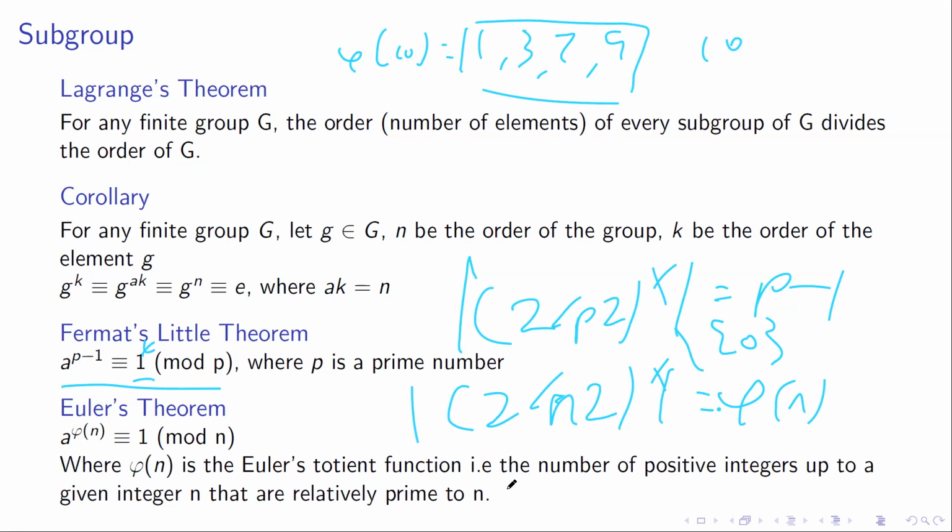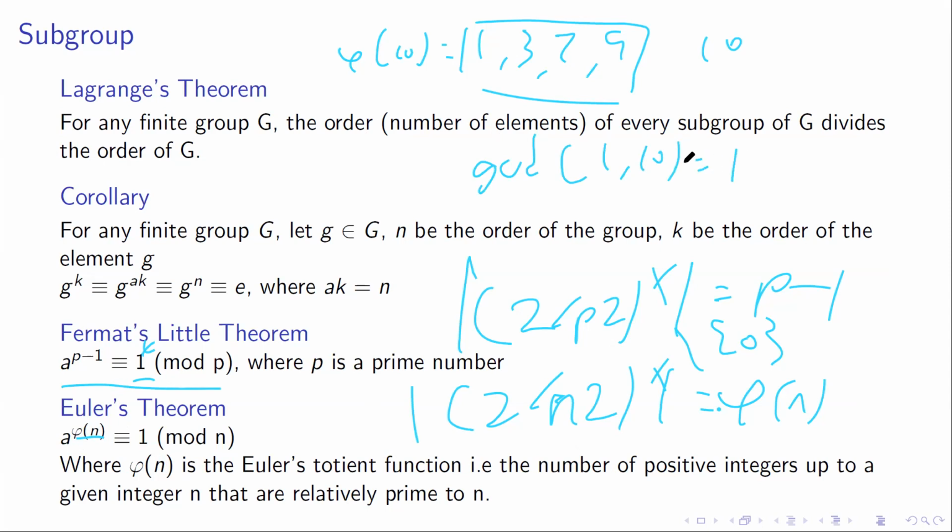Actually, I'm not quite sure whether the totient function includes 1, but I think it includes 1, because relatively prime basically means that the GCD is equal to 1.